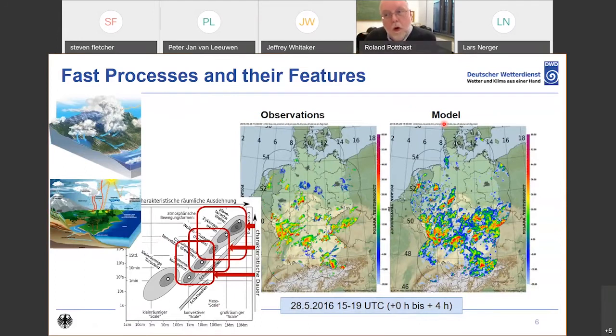You can use something like 4D-Var, which for some reasons we don't want to run on the convective scale. The 4D version of the LETKF is one of the options to take care of the high temporal resolution of processes. And I will come to this topic again and again on the next slides.